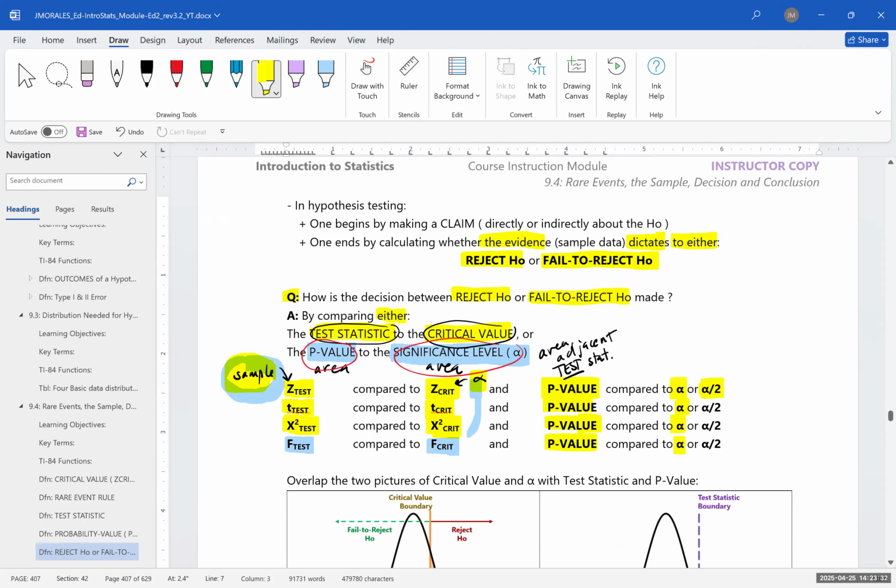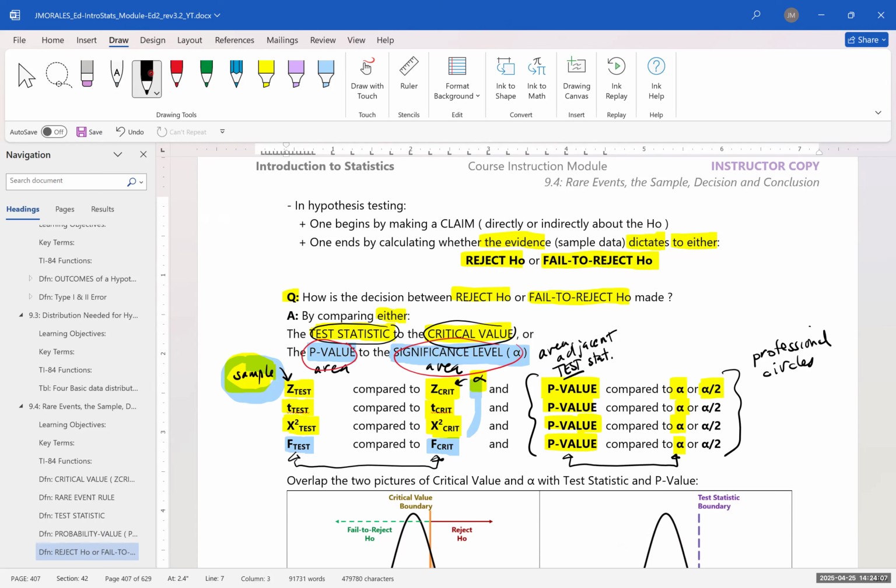All right. Now, looking at p-values is something that you see in more professional circles. But I think for an introduction to statistics student looking at this for the first time, it's easier to think about comparing two numbers on a number line because you have more experience doing that in your past than you have comparing two areas against each other.